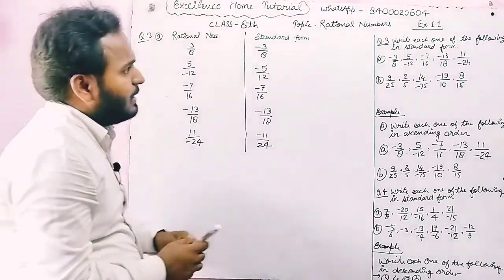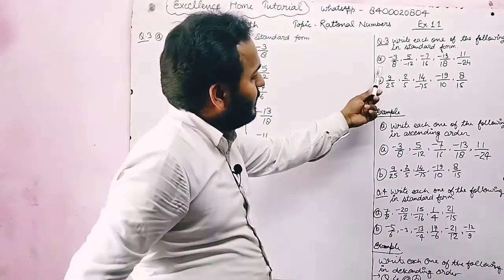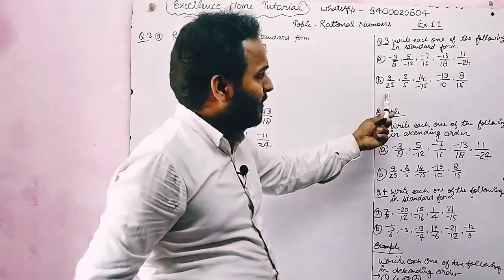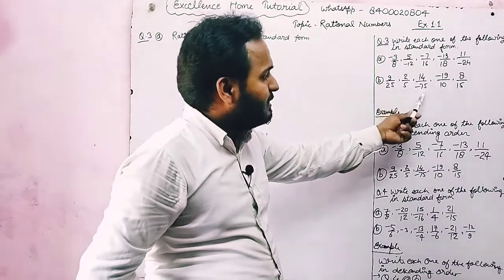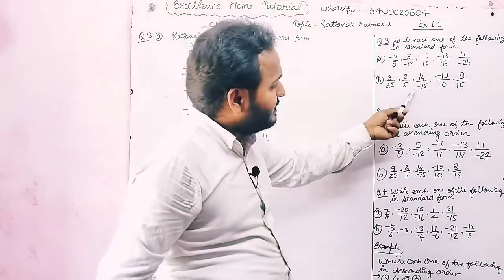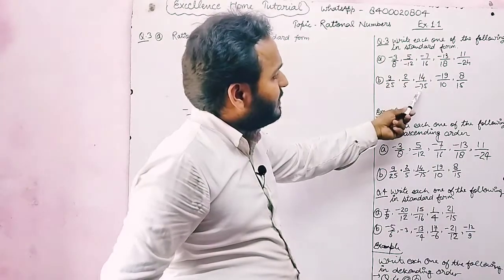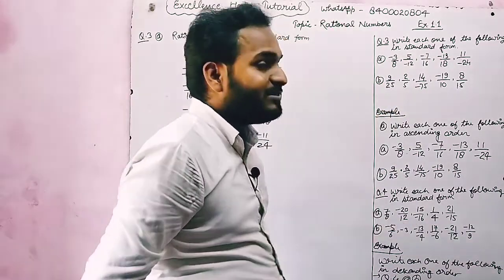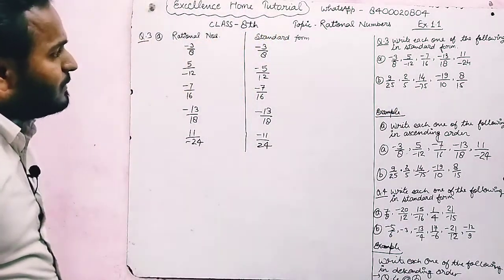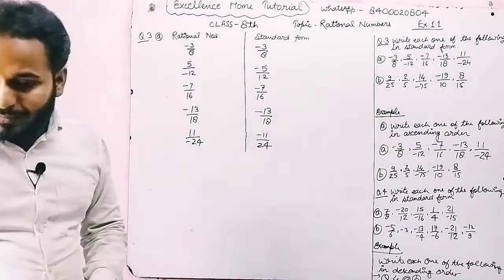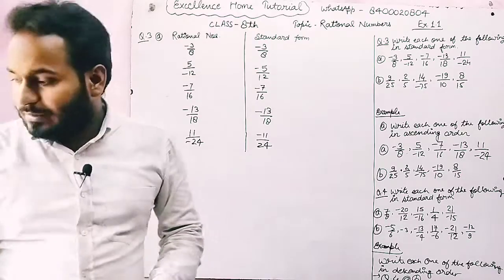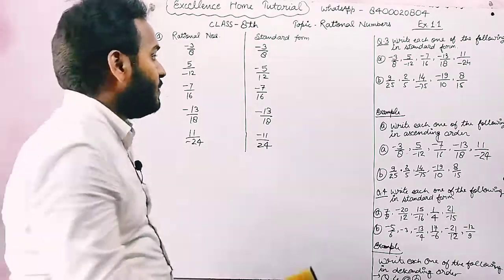As in section A, 9 by 25 is already in standard form, 2 by 5 is already in standard form. Here we have to move the minus sign into the numerator, and this is also standard form.